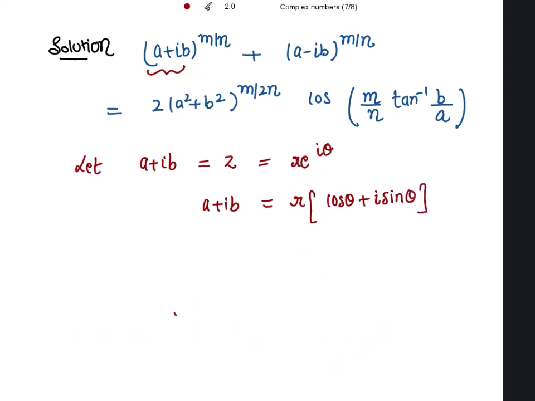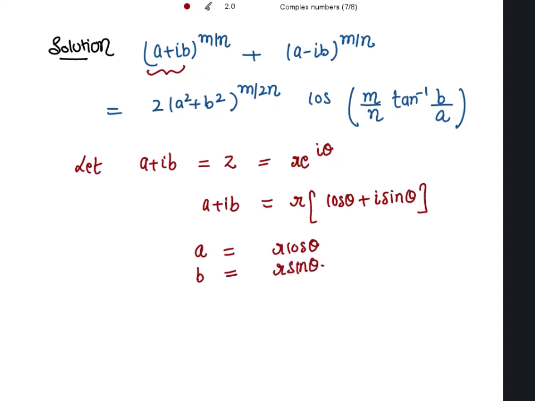Now because we need the value of r and theta, let's compare the real and imaginary parts. From here the real part is a, and from the right hand side the real part is r cos of theta. Comparing the imaginary part, we have b equal to r sine of theta.